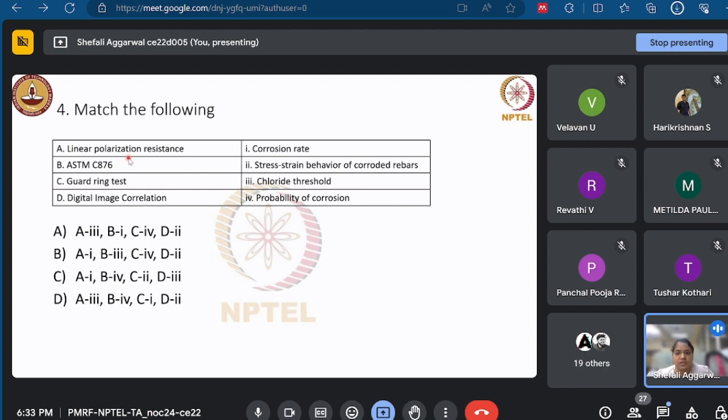LPR is mostly done on site as well as in the lab. So ASTM C876 is the test done to get the probability of corrosion. Out of C or D, first is the LPR test, which is normally done to get the corrosion rate or chloride threshold according to C and D. And then we have the guard ring test.